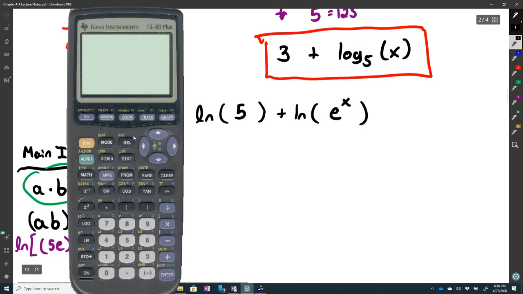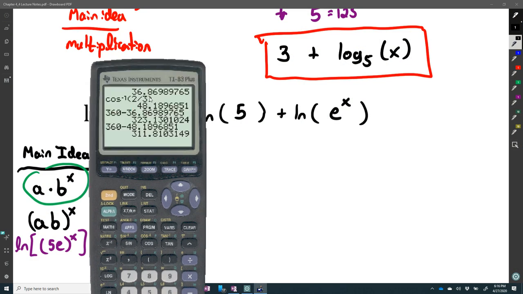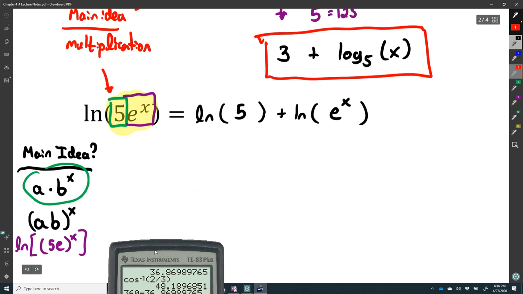What we can do is similar to what we did last time: the main idea, the x, can now go to the front of its own natural log. And so I get ln of 5 plus x ln of e.